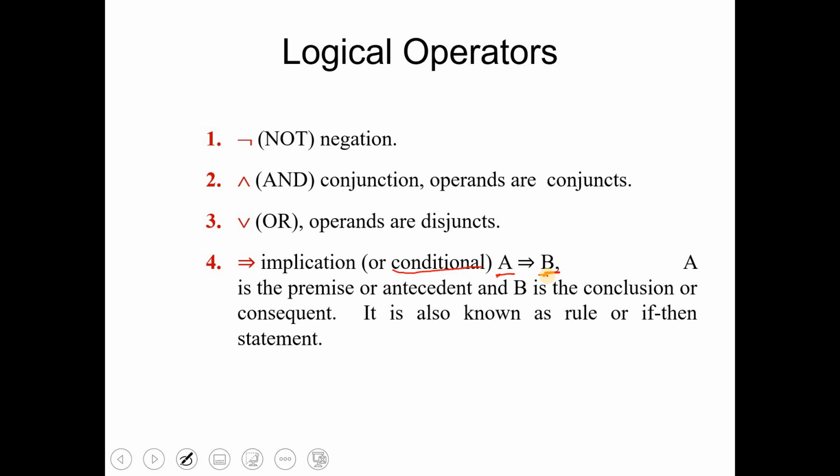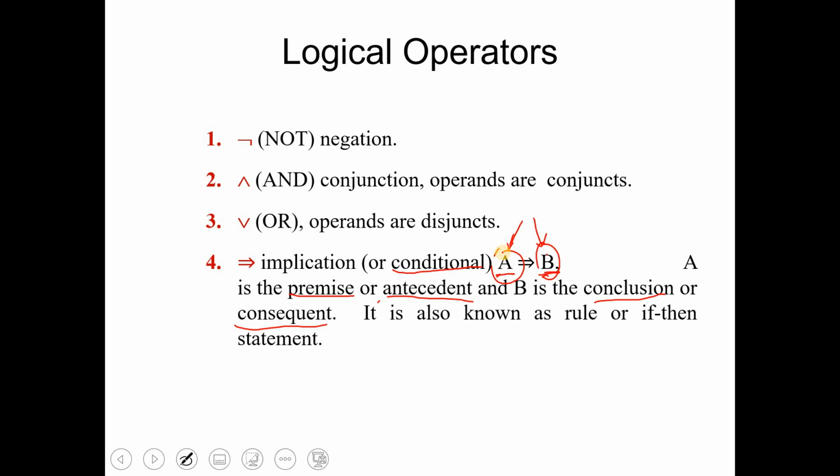The sentence always has two parts, two symbols, first and second. The first one is called the premise or antecedent, and the second one is called the conclusion or consequent. That comes later on, it's the conclusion. Just like you write an essay or a research paper, the last thing in the research paper is the conclusion. Conclusion means the result, the summary. So here also B is the conclusion, A is the premise or antecedent.